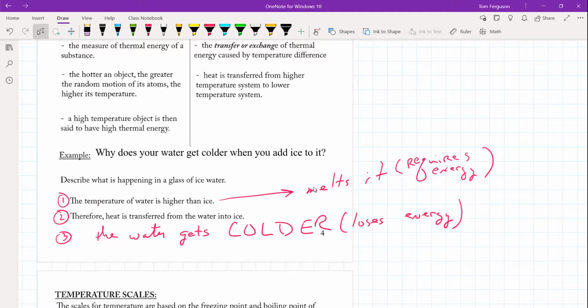If you start with cold water and put ice in it, you don't have as much ice melting because the cold water doesn't have as much energy to put into the ice to melt. If you put ice in hot water, the hot water has a ton of energy, so it's going to dump it into the ice melting really fast. And the hot water gets cooler to the point where there's no more ice.